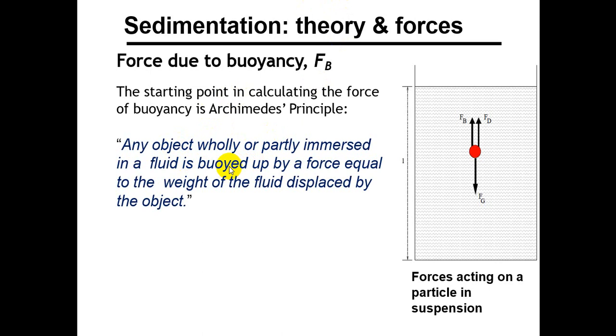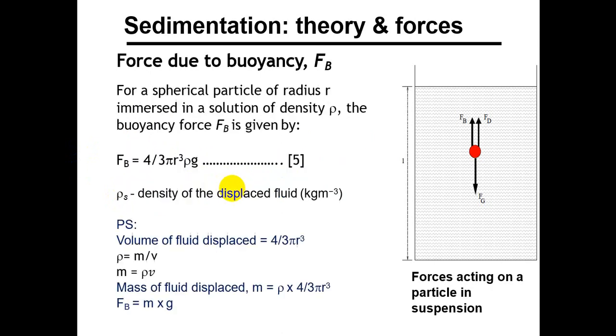Buoyancy means that the particle displaces a volume of the fluid carrying it equal to the volume of the particle. And the weight of this displaced fluid is what we call force due to buoyancy.